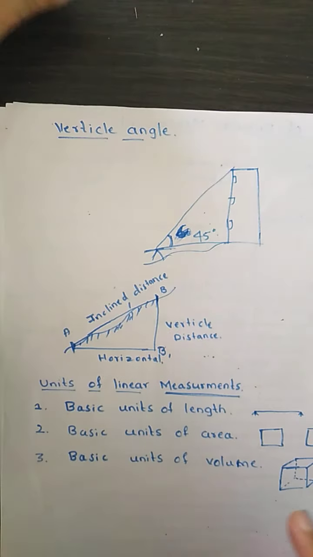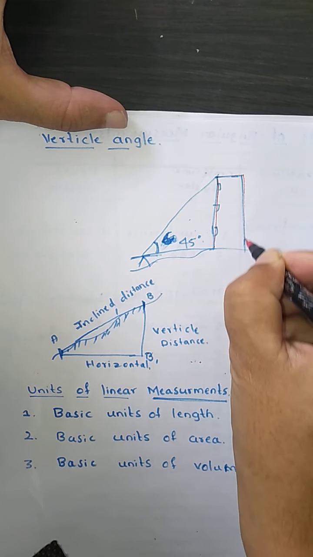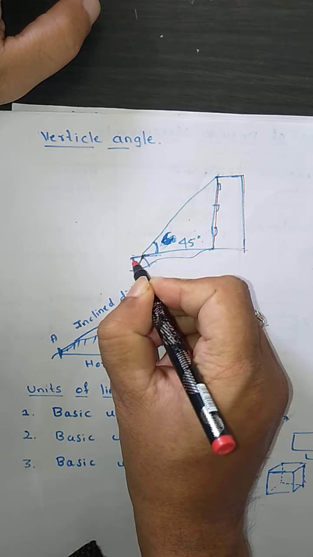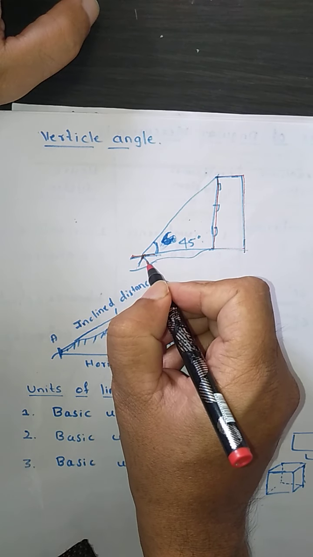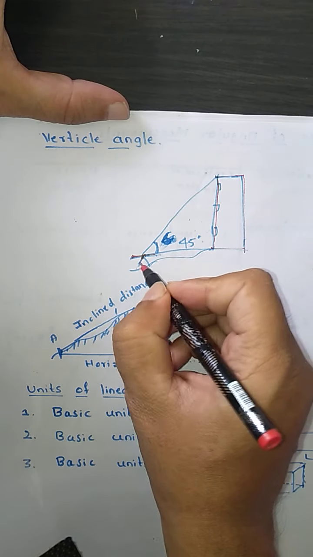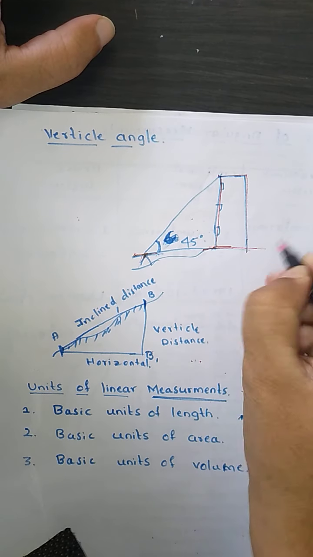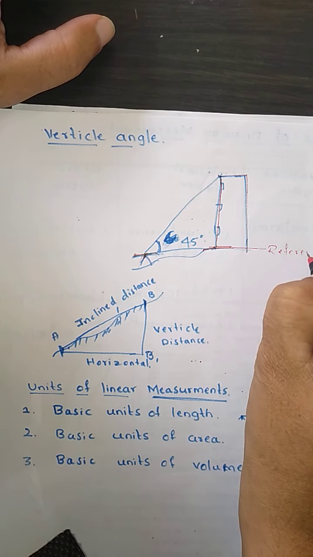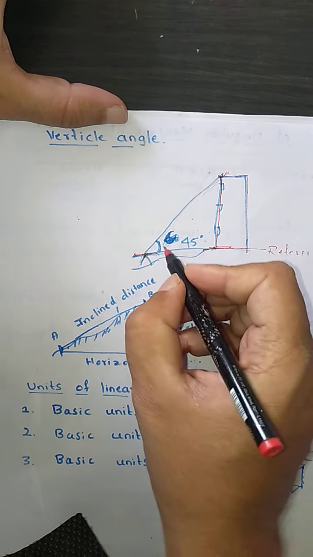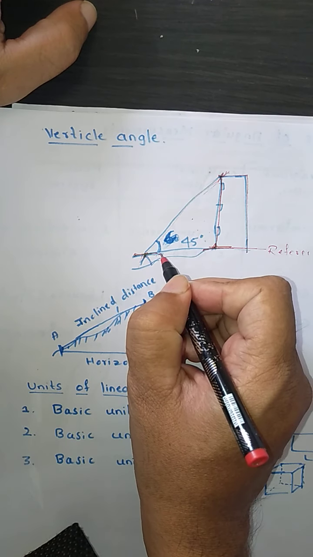A vertical angle is nothing but, suppose there is a building over here, and you are going to set an instrument, your theodolite, over here. You want to measure the vertical angle of this particular building from this particular point. From the reference line, we are going to measure the angle between this point and this point by using the theodolite.